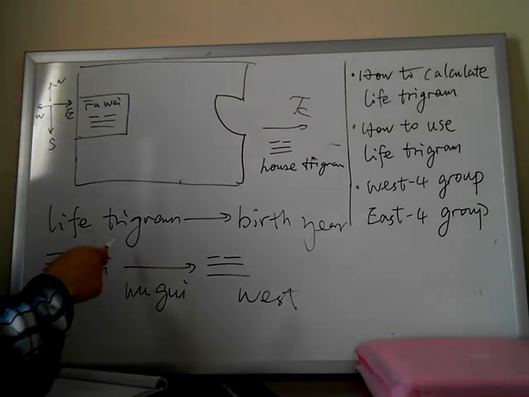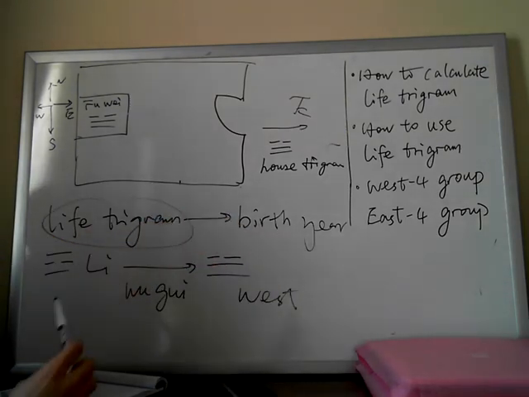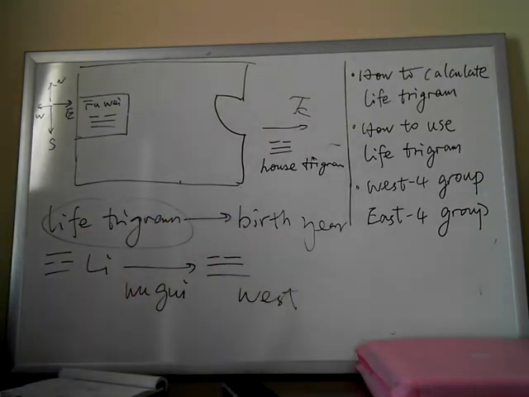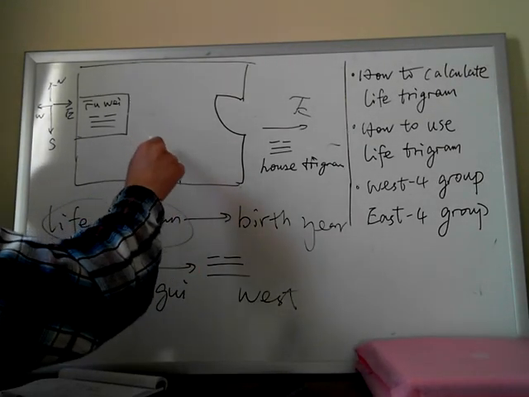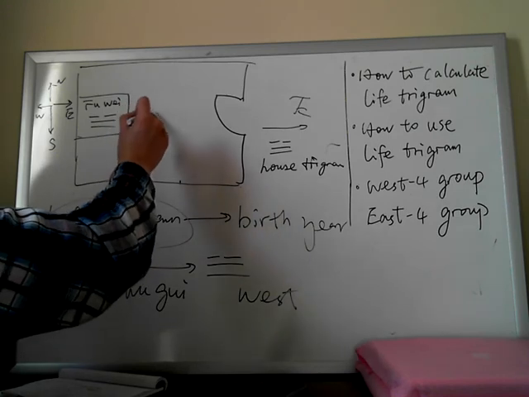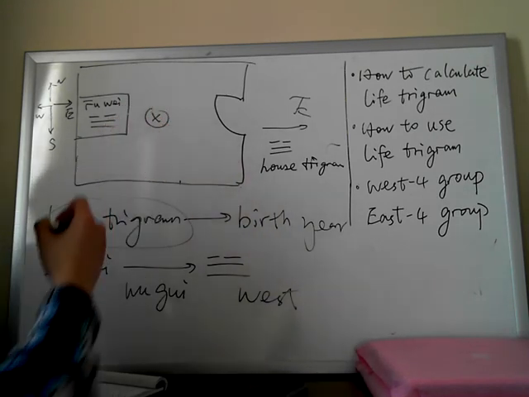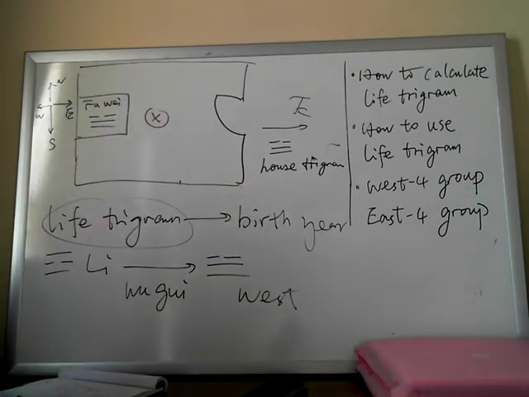But it doesn't mention the reference point. This is only calculated from birth year. There's no reference point involved in the calculation. It doesn't say you cannot stay in the west direction with respect to a certain point. So the theory automatically used the center of the house as the reference point.